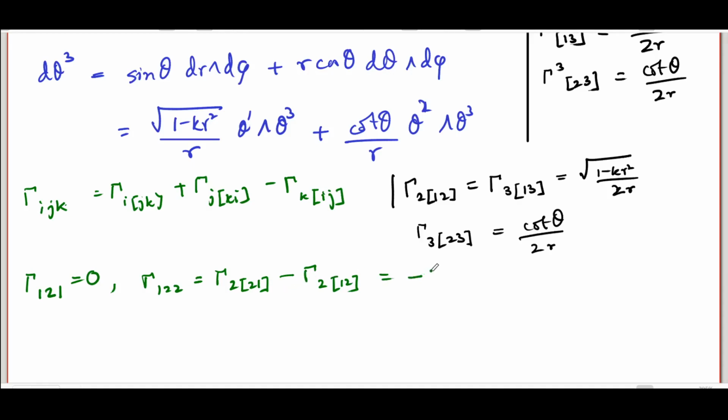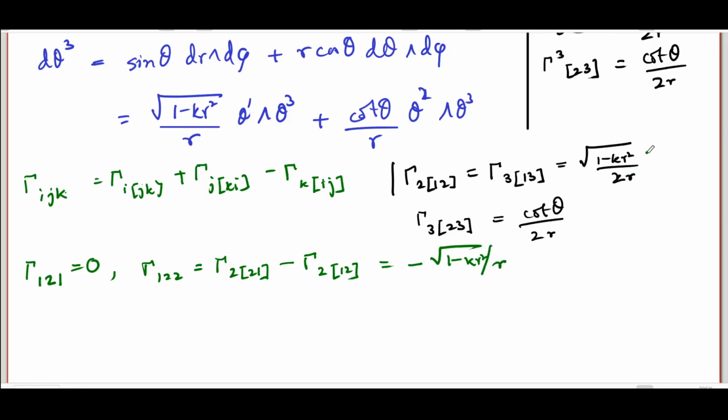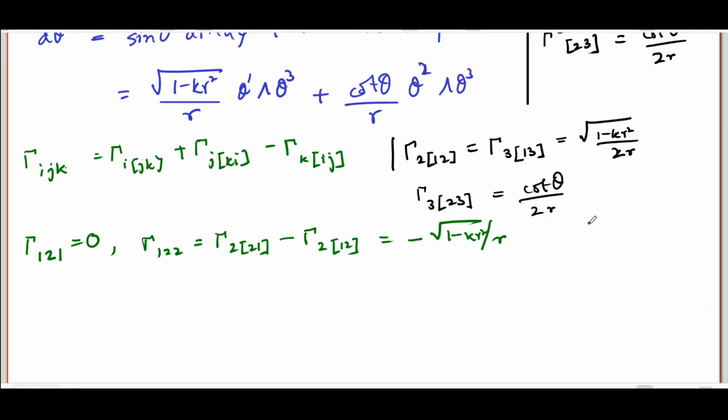So you get minus root over 1 minus kr² over r. This 2, of course, cancels. Well, you can easily show that Γ_123 is 0 because there is obviously no combination of this kind with 1, 2 and 3, all three separate.